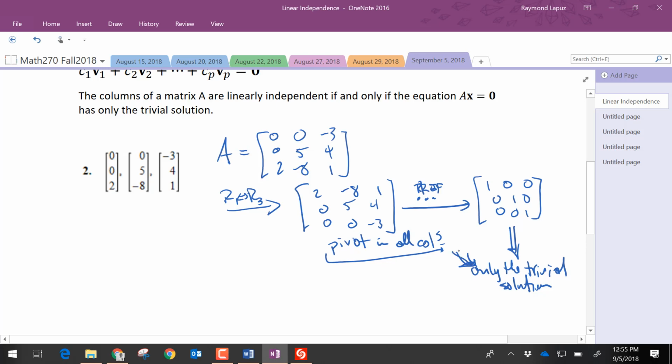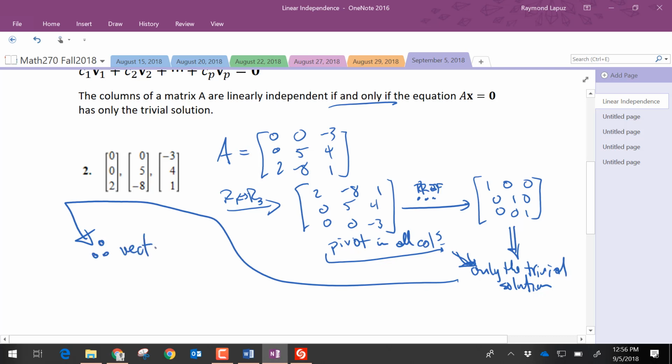And according to this if and only if statement, because we have only the trivial solution, we can conclude that these vectors are linearly independent. Therefore, vectors are linearly independent.